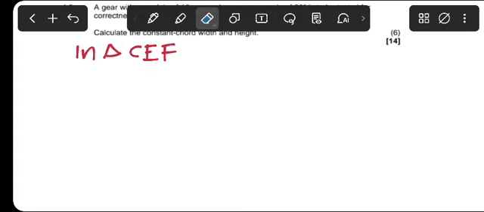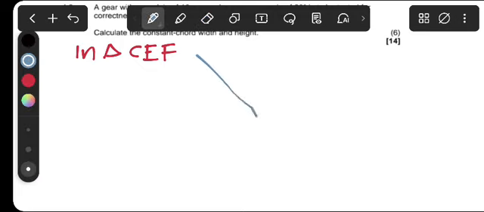Let me just construct the triangle first. So we have the triangle. This point we can call F. We have FE, and here we have C.